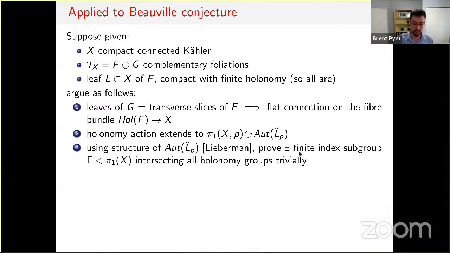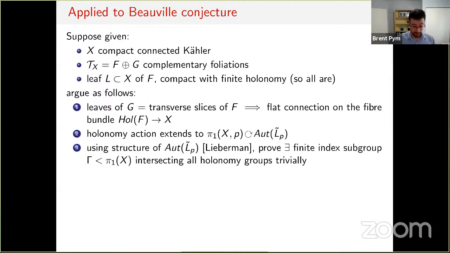there necessarily exists a finite index subgroup of pi1 of X, which has the property that it intersects all holonomy groups trivially.